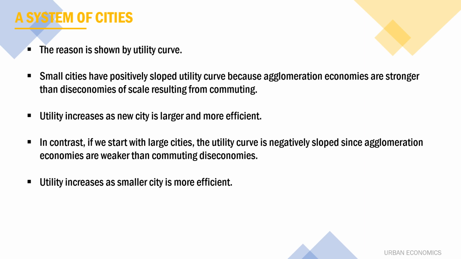In contrast, when we start with a large city, the utility curve is negatively sloped because the agglomeration economies are weaker than the commuting diseconomies. So utility increases as the city becomes smaller and more efficient.